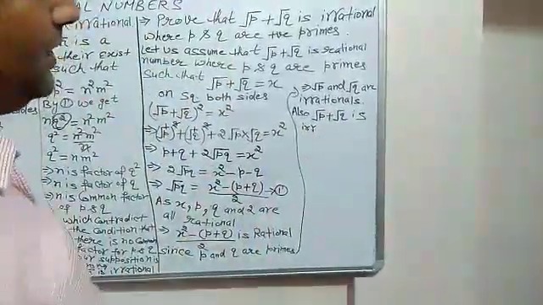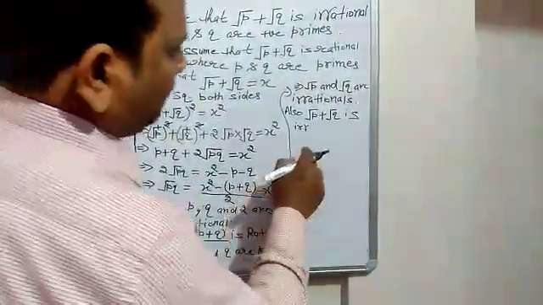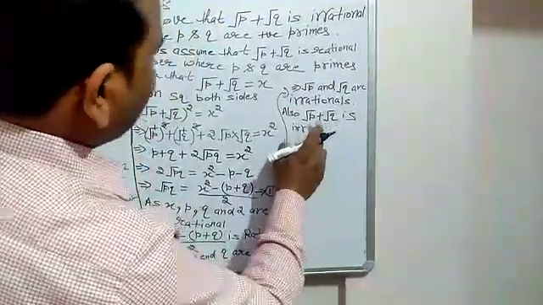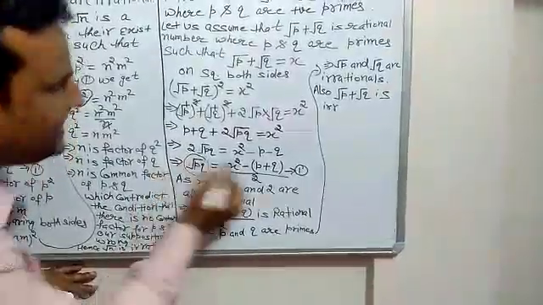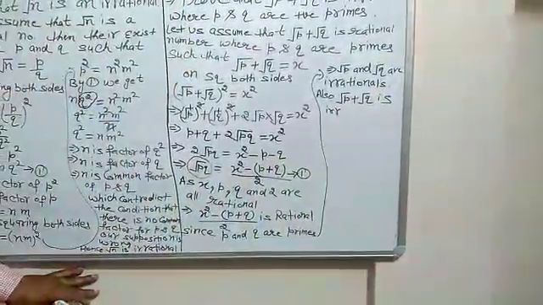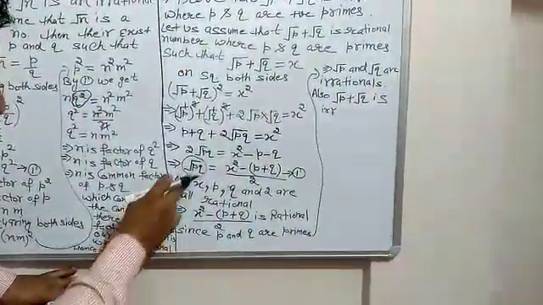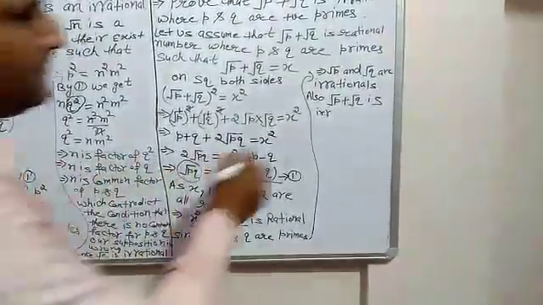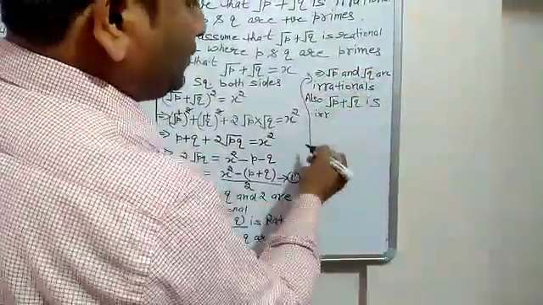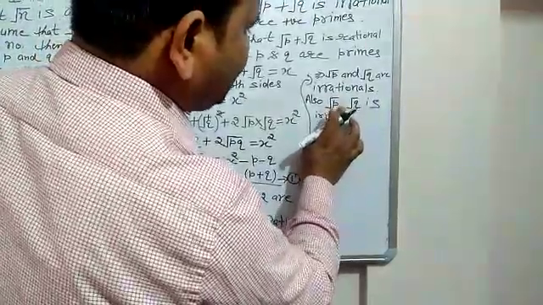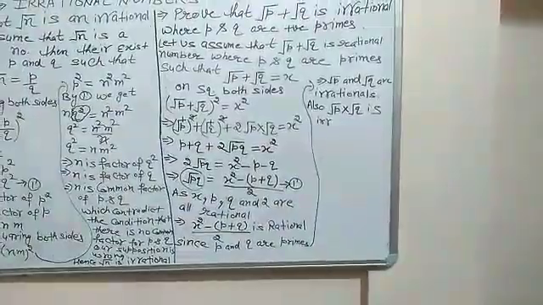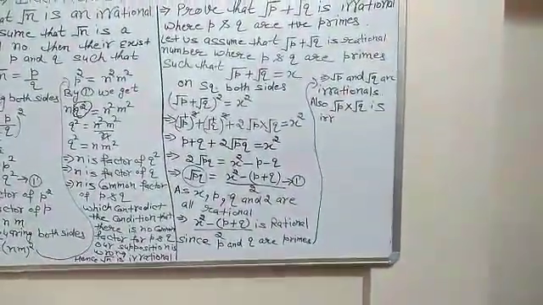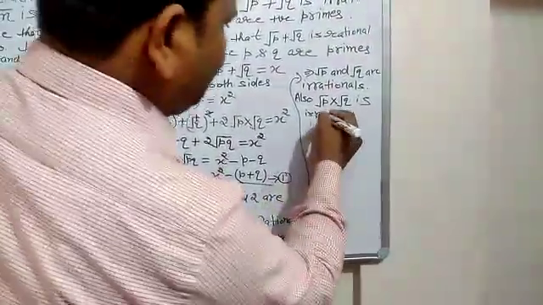Otherwise, if you don't want to write addition, because we have to work according to this condition. This addition condition is also important for us, but first we have to solve with multiplication. If root p and root q are irrational, instead of this I can write this multiplication. So understand everybody, under root p into under root q is irrational.